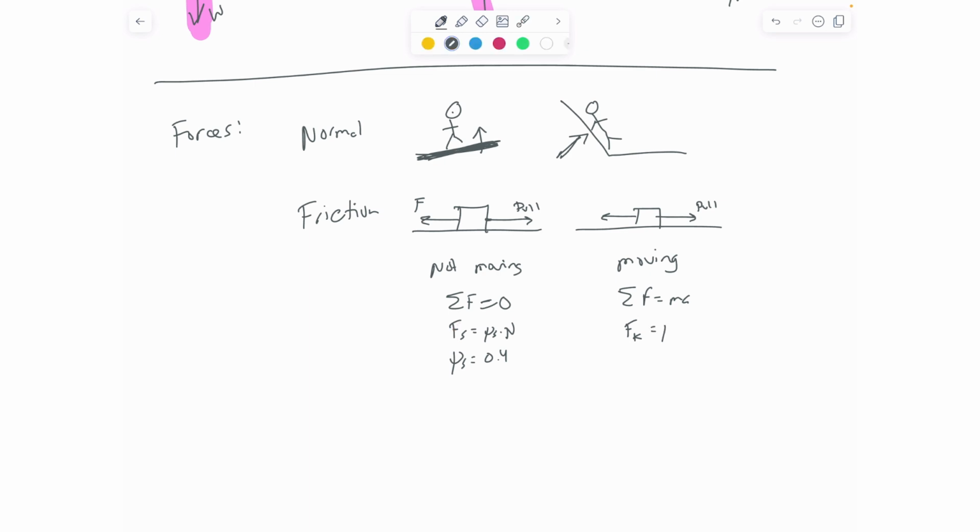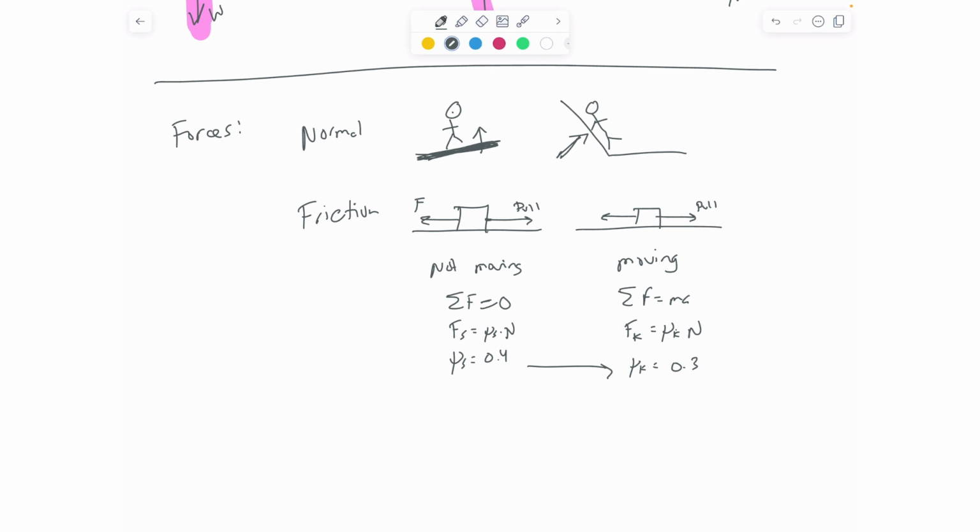This is mu sub k times normal, and mu sub k is normally smaller than mu sub s, right? So if mu sub s is like 0.4, maybe this is 0.3, it's less. What this means is that the friction when you're not moving is stronger than the friction when you are moving. And this makes sense, right?